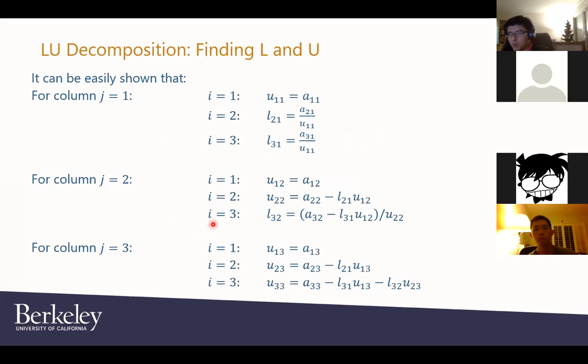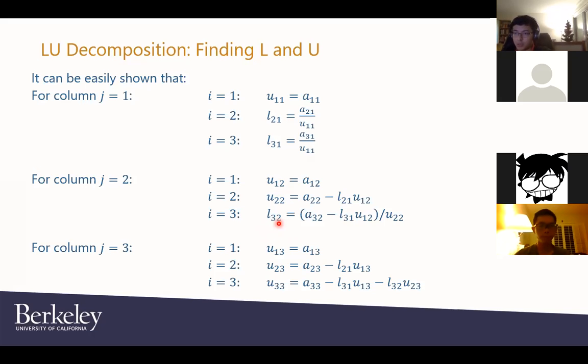We go to column 2. Again, U has 2 elements on that column, U12 and U22. L has also 2 elements: L22, which we know is 1, it's the one on the diagonal, and L32. And again, in case anyone's lost with the notation, these subindices mean row then column, right?